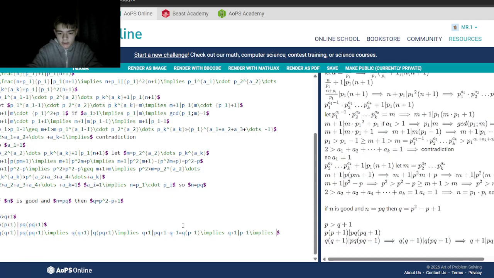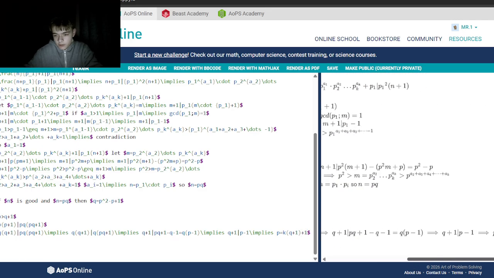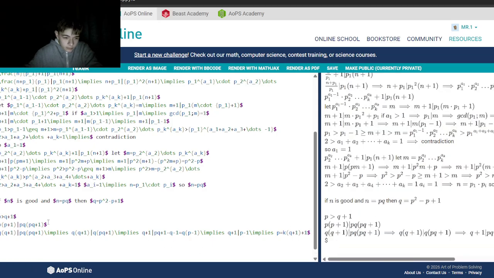And this implies that p is equal to some number k times q plus 1 plus 1. So we have p is equal to k times q plus 1 plus 1. Now this was the second divisibility. Now we will use this somehow.